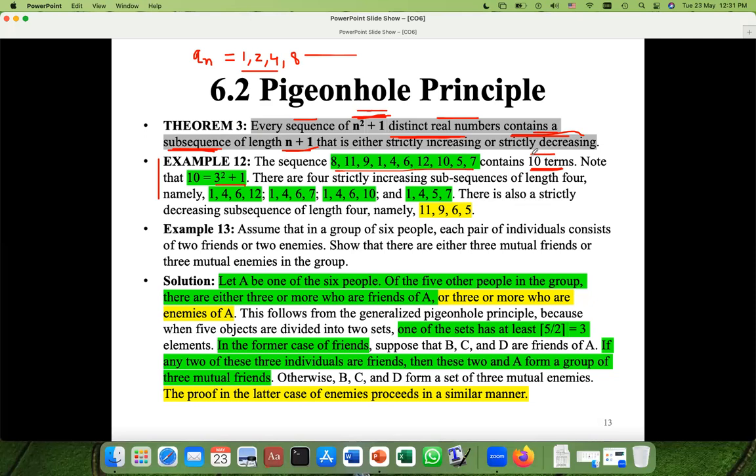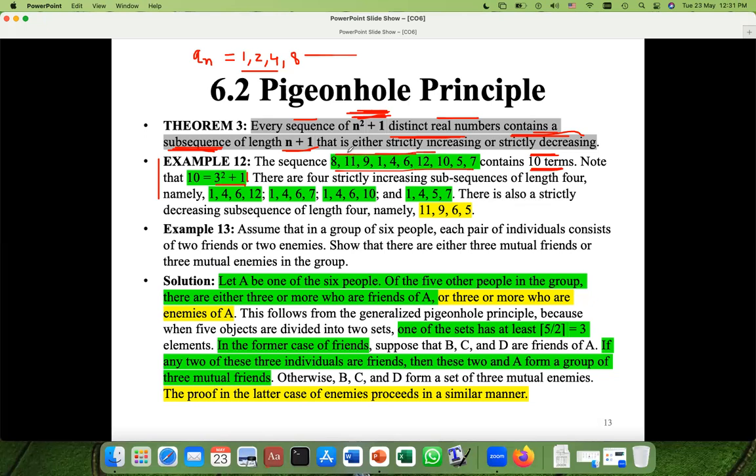So now I can write the size of that sequence in the format of theorem 3. And if we can write it so, then we will have subsequences in the sequence of length n plus 1.